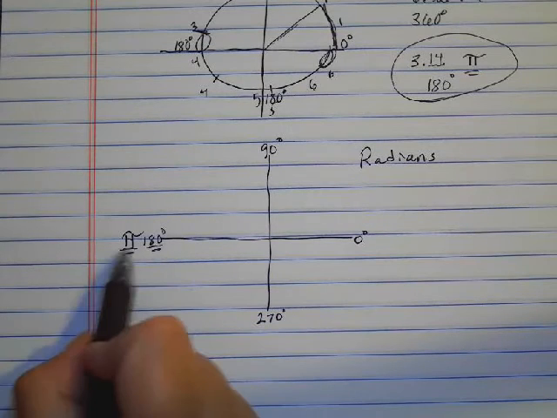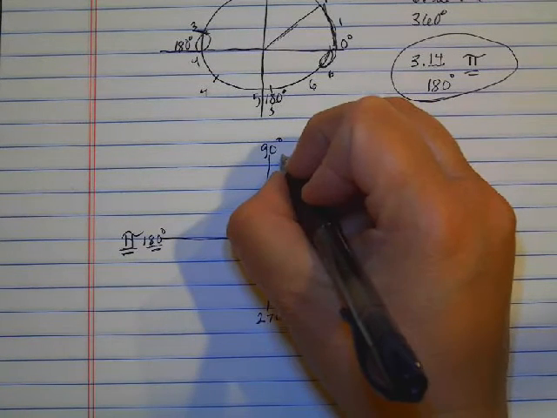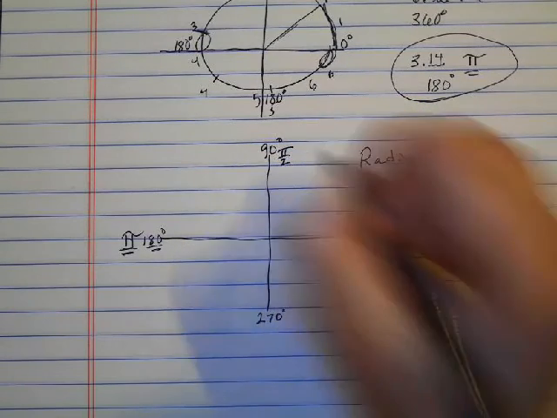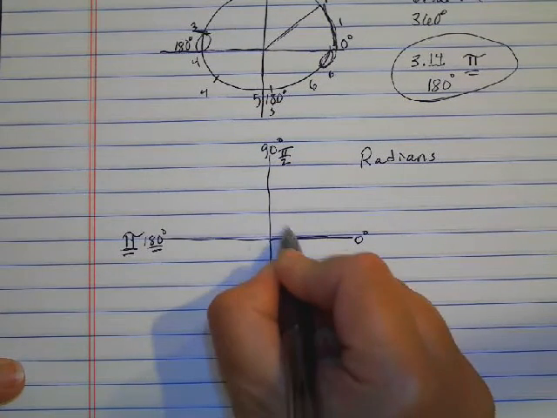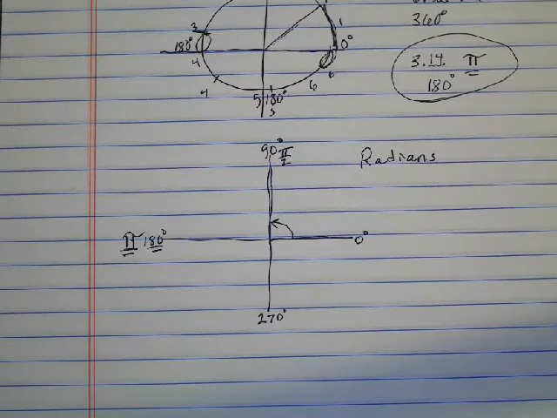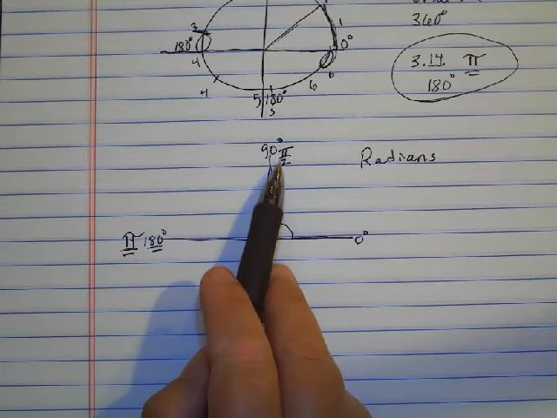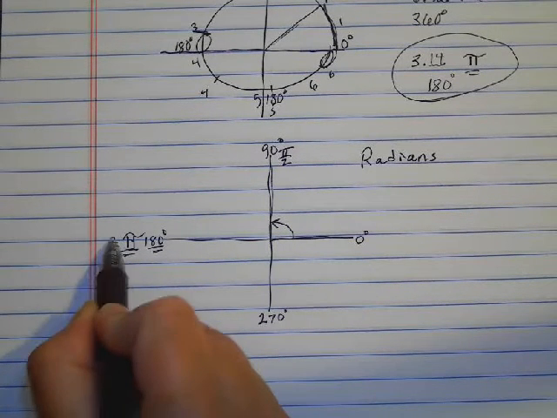So since 180 degrees means pi, then 90 degrees is going to be pi over 2. So I could say if I had an angle that went from here all the way up to there, I could either say it's 90 degrees, or I could say it's pi over 2 radians. So this is 1 pi over 2 radians, that's 2 pi over 2, which is just pi.